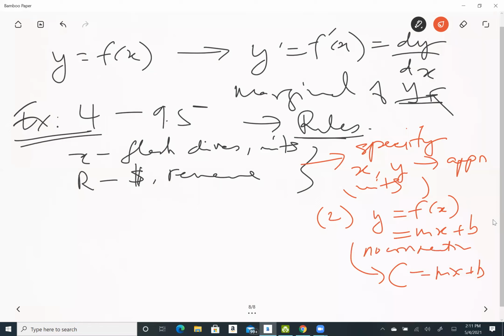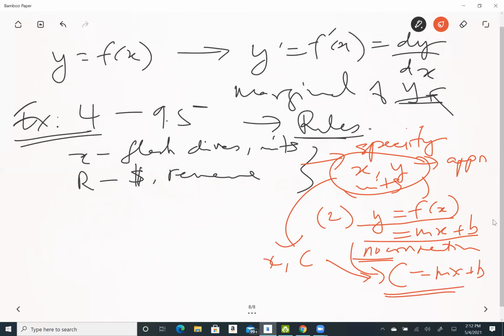What you need to do here, if you specify the x and y, or in this case x and C, then you will come to the cost function. But a few groups did everything in terms of y and x, and then at the end you write the cost function. So where is the connection? So make sure you check your homework again.